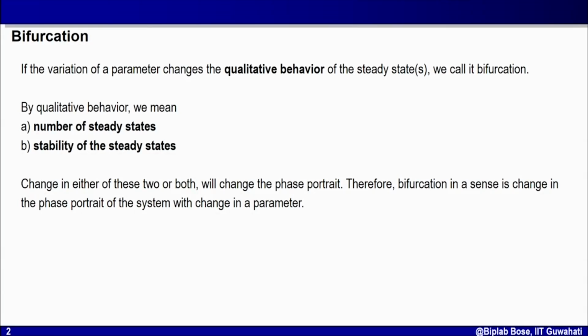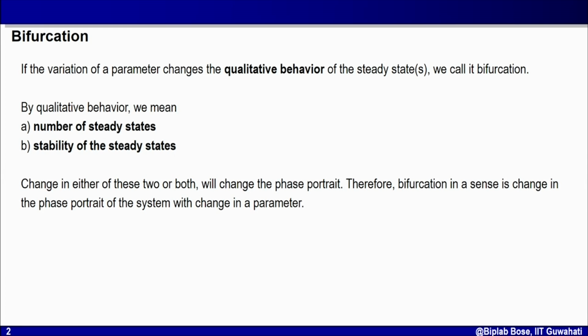If you remember, we are trying to understand the dynamics of a system in terms of one or more ODEs, and in these ODEs you will have dependent variables and an independent variable. The independent variable is time, and apart from that there will be parameters which remain constant with respect to time. In a system there can be a situation where the qualitative behavior of the system changes as we change the numerical value of a parameter.